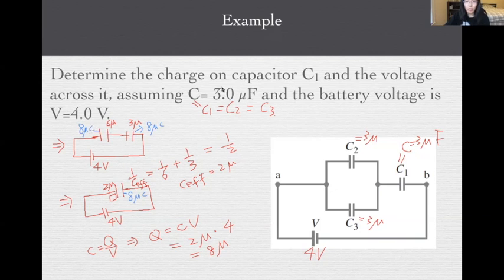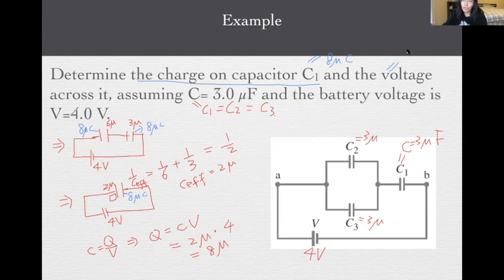Right. So now we answer our first question. What's the charge on the first capacitor? It's going to be 8 microcoulomb. And how about the voltage? What's the voltage of the first capacitor? Now we know the capacitance, we know the coulomb.